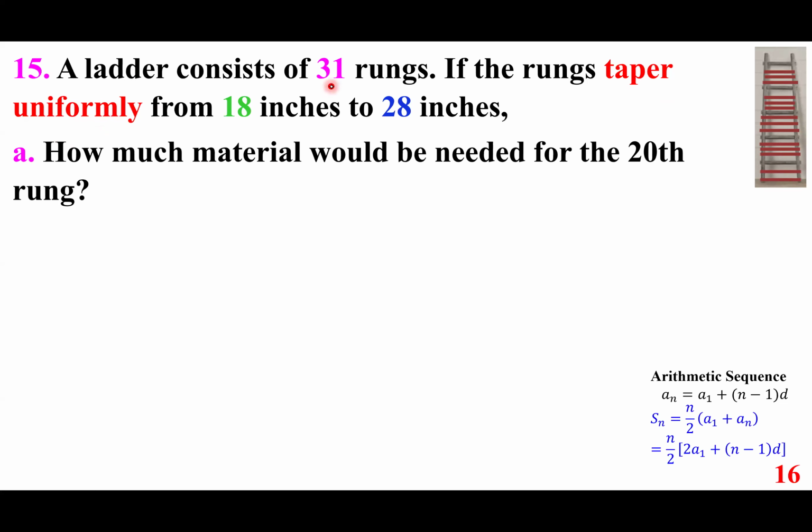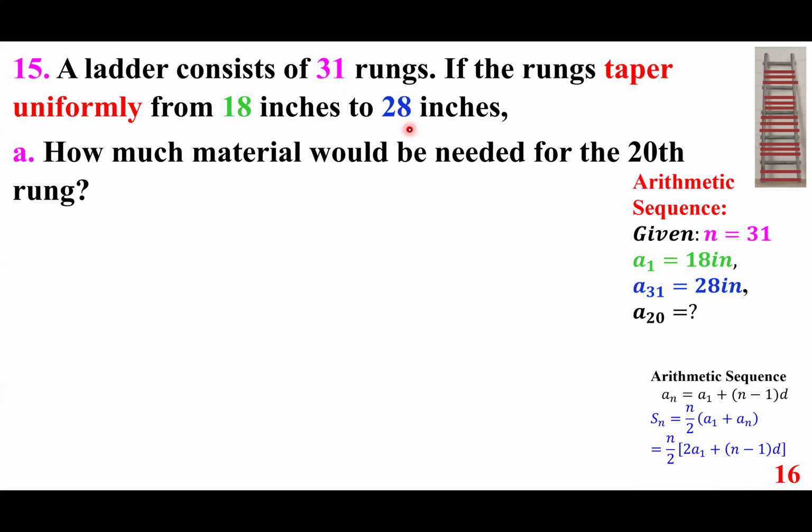How many? n is 31 rungs. The first one, a sub 1, is 18 inches. The last one, because there are 31, must be a sub 31, and it must be 28 inches. So that is important to understand.